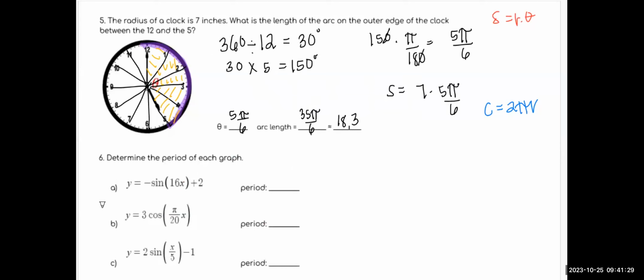Okay, let's do one of these. Okay, we're doing good. We are doing great. Determine the period of each graph. All right, that first one. Go ahead. What is the period? We can find it from the equation.